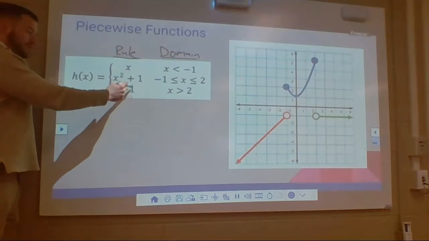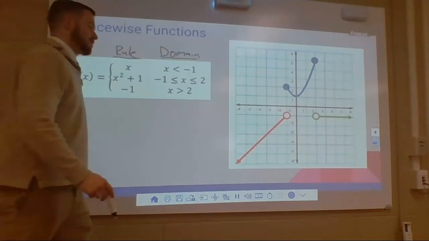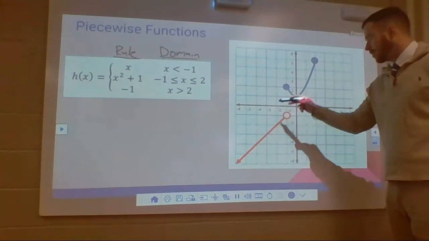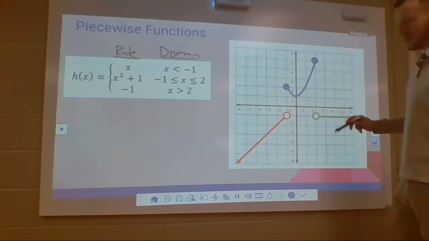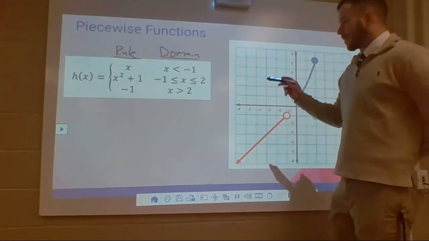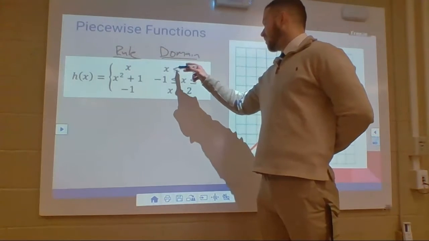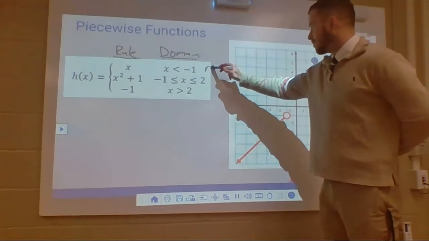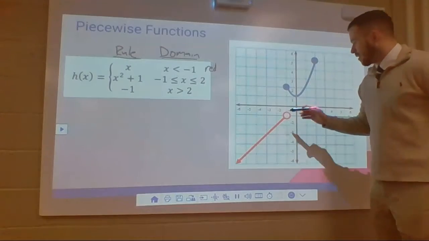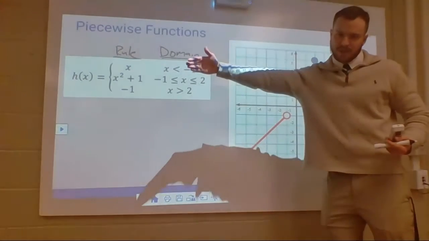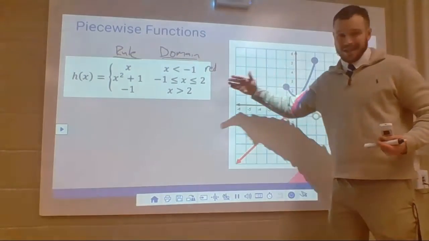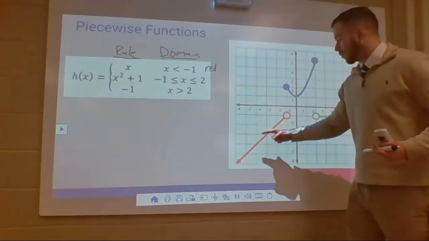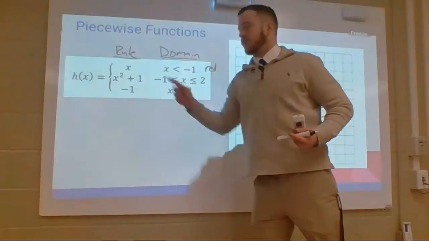So this piecewise function is broken up into three different pieces. And we can see those pieces right here. This red piece right here, this blue piece right there, and that green piece right there. So when x is less than -1, we actually have the red piece. Okay, so you can see that as we go all the way to the left towards infinity, where x is less than -1, these are all the values of x that are less than -1, it's following the rule h of x equals x.